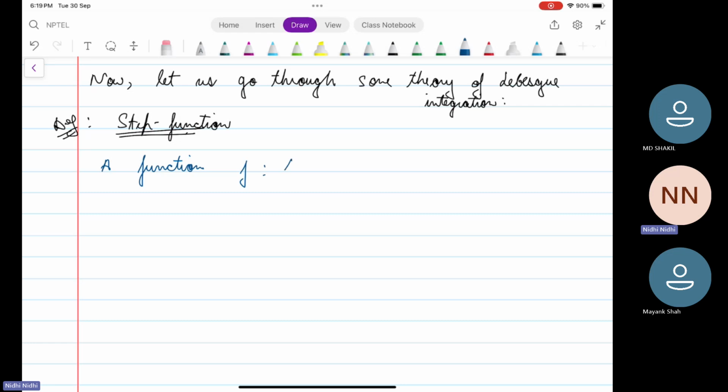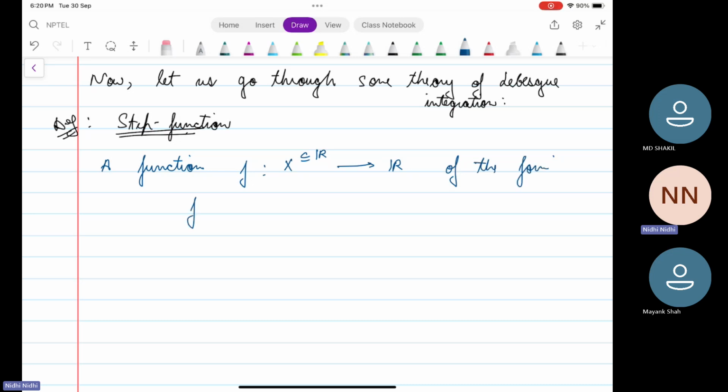f, suppose from X, being some interval, a subset of R, to R, be a function of the form.